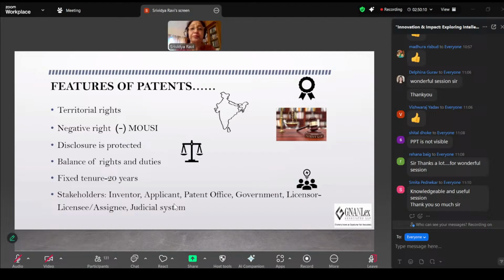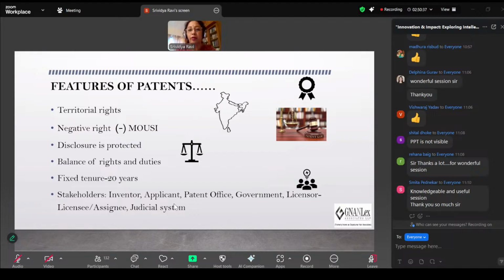So if you are not able to commercialize your invention, you have made a very good innovation, you have applied for a patent, you've got a patent granted, but you are not able to commercialize it for whatever reasons. Maybe you love to do research, so you've gone back to the laboratory, or maybe you don't want to get into the large scale manufacturing, marketing, getting the regulatory approvals.